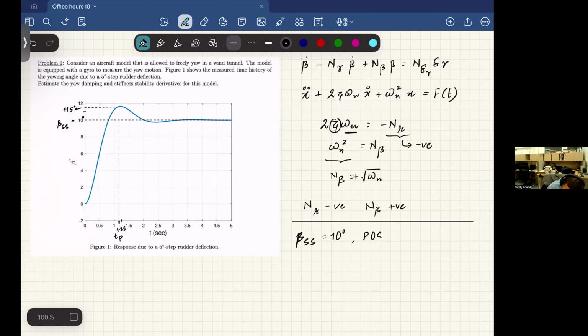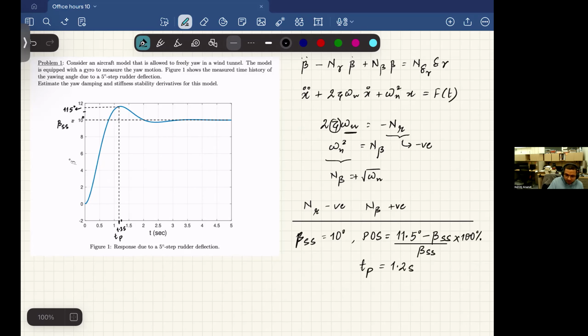Then the percentage overshoot: to calculate it, you take 11.5 degrees minus beta steady state, divided by beta steady state, times 100%, whatever this comes out to be. And then roughly the peak occurs at 1.2 seconds.